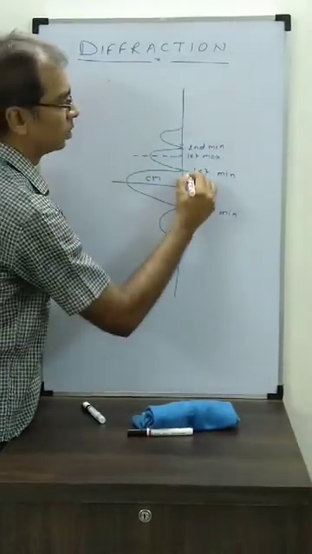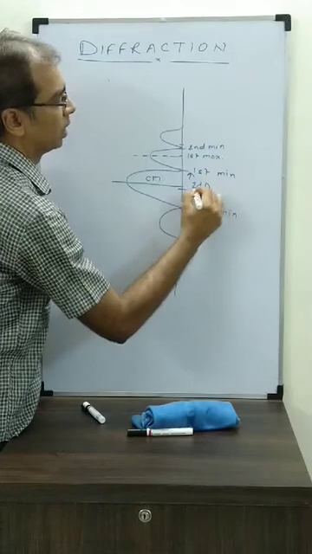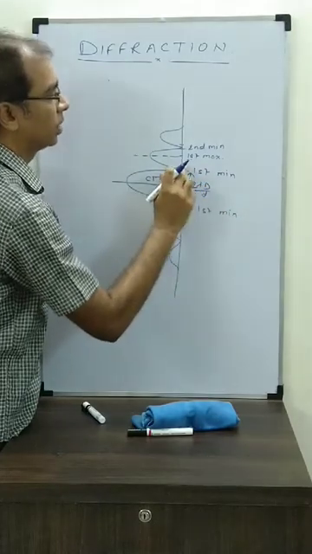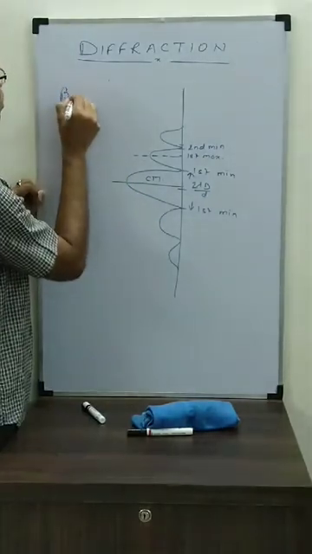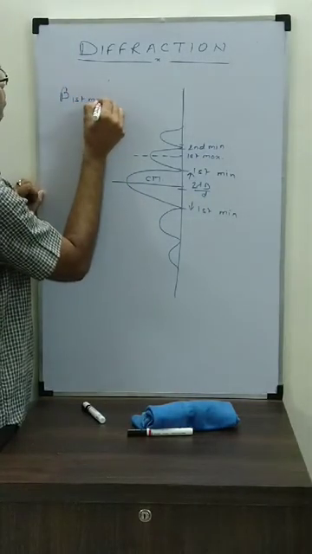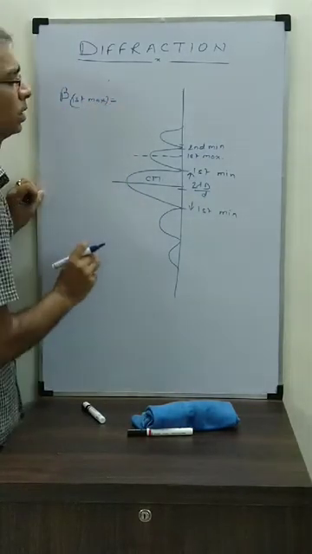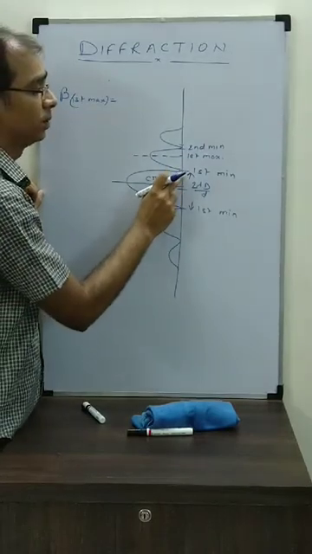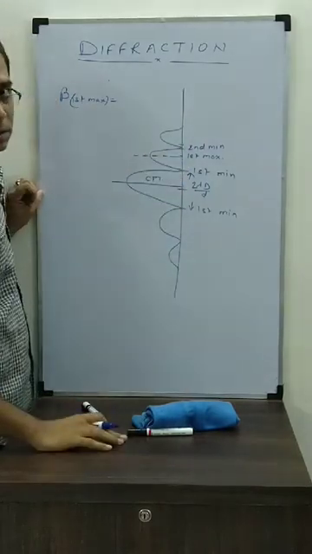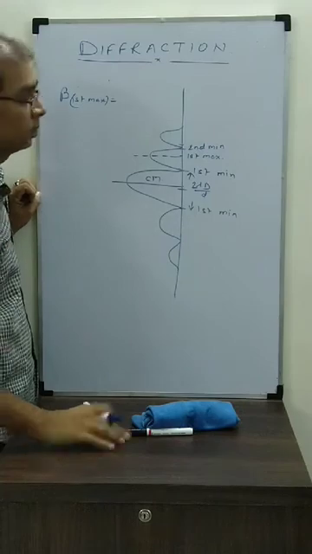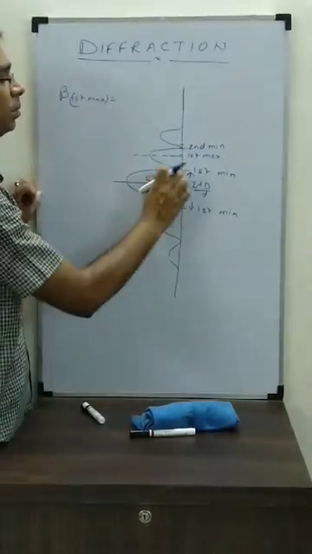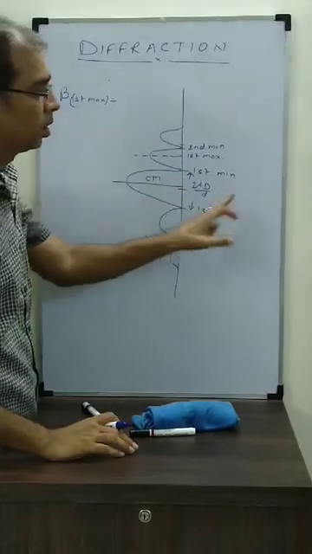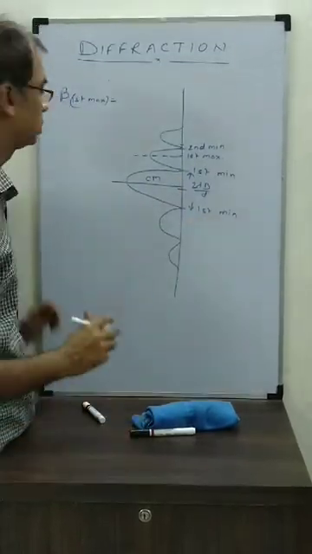Now we already found this one. It was 2 lambda D by d. So now we are trying to find the fringe width of first max, beta of first max. Beta of first max means the gap between the first minimum and the second minimum. For the first minimum, if you remember, how many zones did we make? 2 zones.